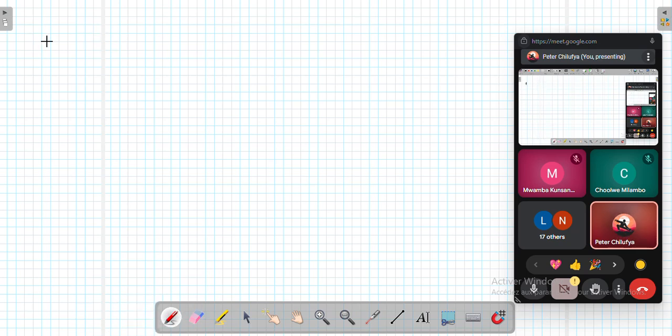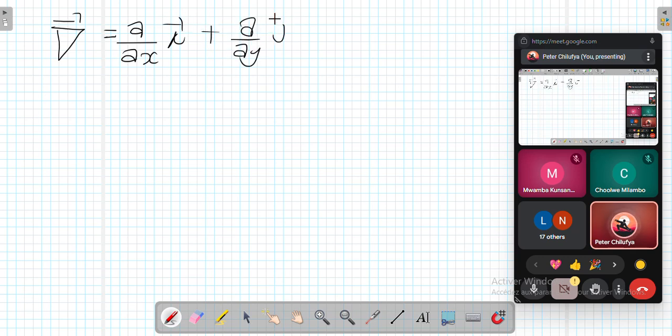I'm going to start with gradient. If you want to remember gradient, you introduce an operator called Nabla. What is the definition of Nabla? Nabla is defined as the partial derivative with respect to x in the x direction, plus the partial derivative with respect to y in the y direction, plus the partial derivative with respect to z in the z direction.